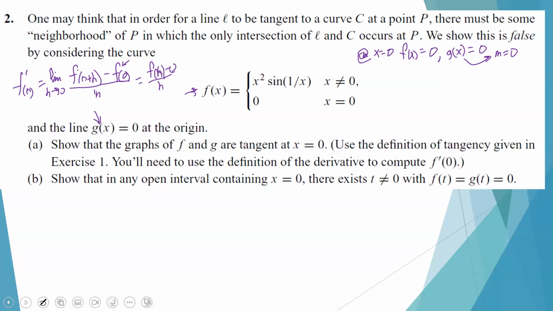So this becomes the limit as h approaches 0. Well, let's plug in h into this whole thing. So h squared sine of 1 over h, all over h.